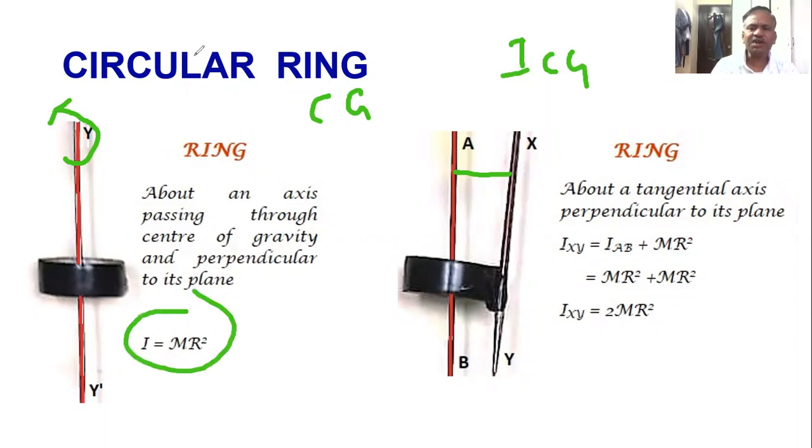I am writing the center of gravity because the axis is passing through the center of gravity, so this formula will be m r square. I AB is nothing but m r square, plus the parallel axis theorem term, I CG plus m r square.